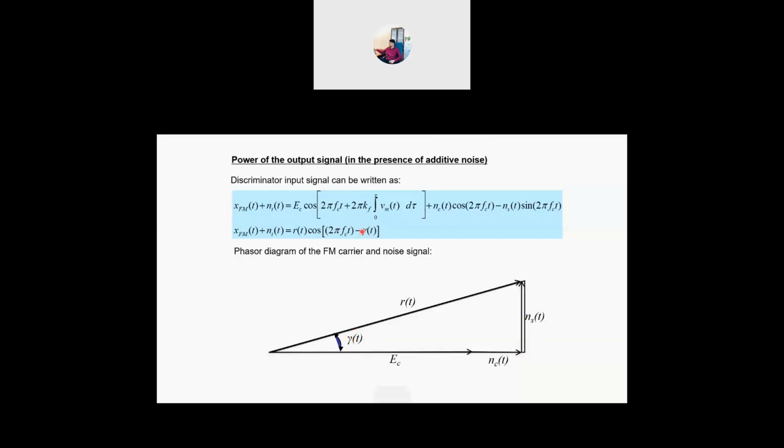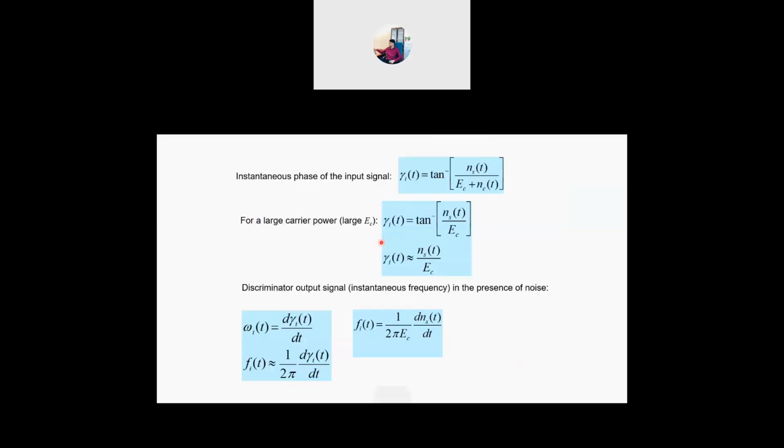This one here is the angle, and this is your R(t), which is your magnitude. If you don't remember, please refer back to your mathematical concepts about the phasor diagram. Here, this one will be added together with this in order for us to have your R(t).